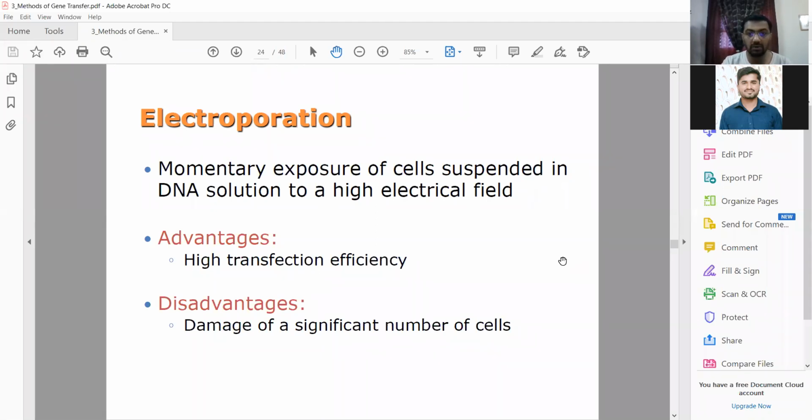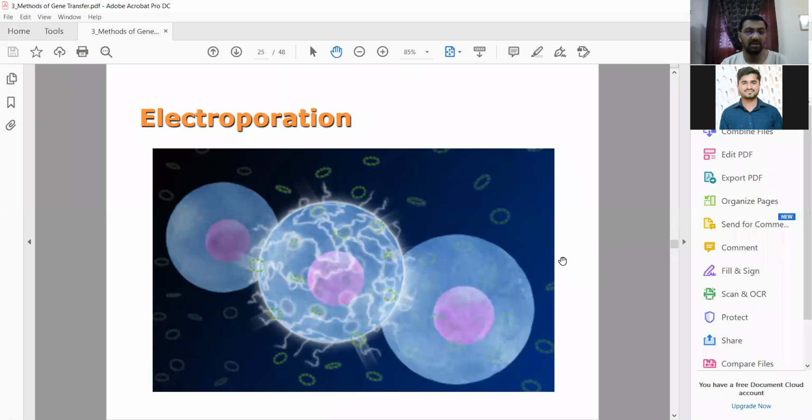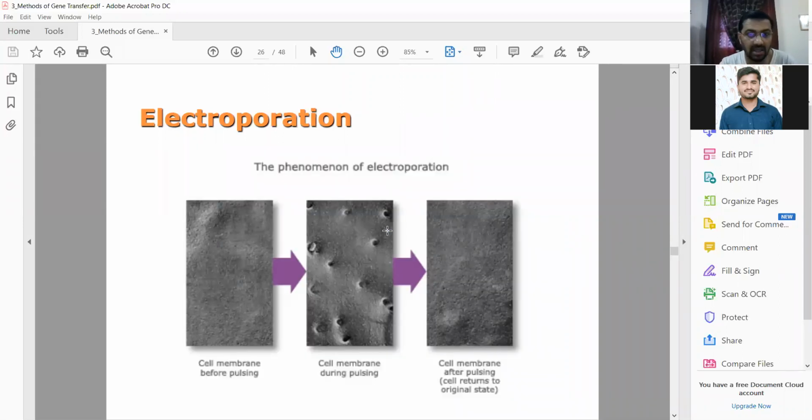If we have a look at how electroporation takes place. If these are the cells, and we have this DNA outside, and we give a current, pores are created in this manner, and the DNA or the plasmid, the transgenic recombinant plasmid you have made, would enter through these pores into the cell cytoplasm, and then to the nucleus for integration.